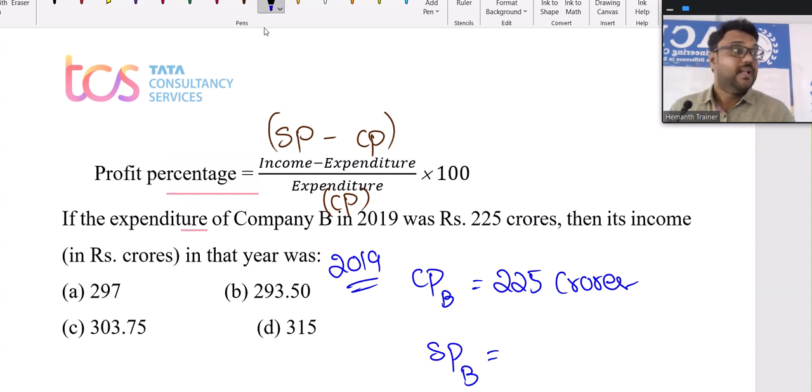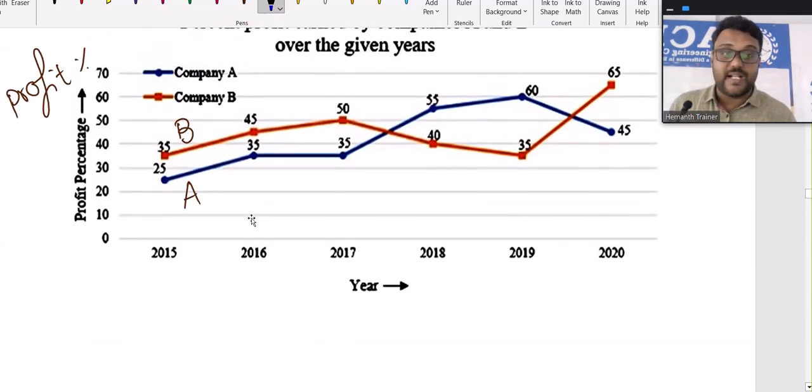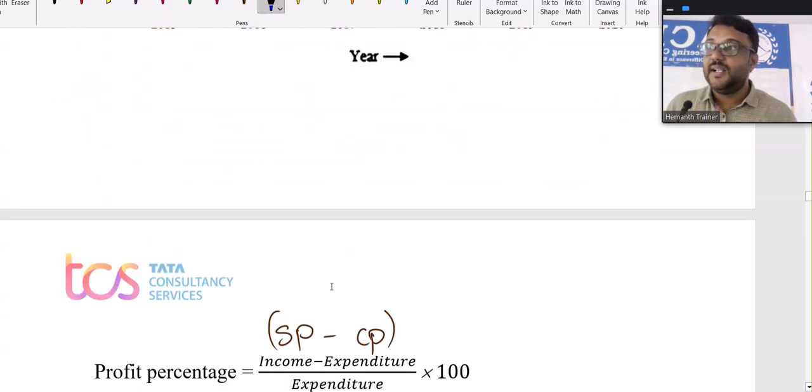Now we know when profit percentage is 30%, let us say SP equals 130% of CP, we can write. I know CP, I can calculate SP. Here we know the profit percentage, the graph is related to profit percentage. So B in 2019 is how much? 35%. Red color is related to B. 35% profit.